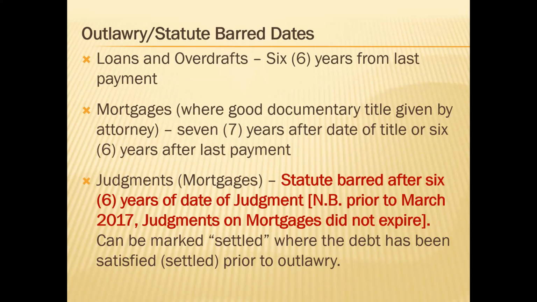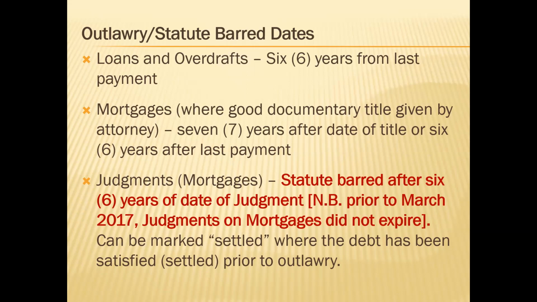The outlawry date or the statute bar date means that once this date has passed, you can't go after the client for that particular debt. Okay, so loans and overdrafts is 6 years from the last payment. So if you dilly-dally, and 6 years pass from the last time the client made a payment, you might as well write off that loan or that overdraft.